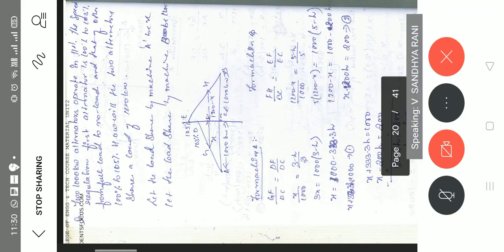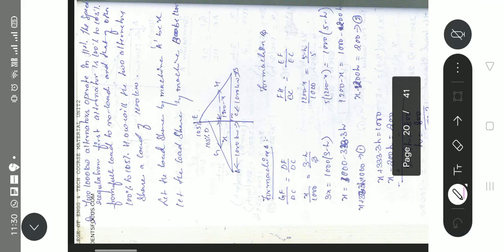Sorry, not 1000, 1200 minus X. This is machine A, this is machine B. A is generating 1000 kilowatts and B is also generating the same power, 1000 kilowatts, in parallel connection, in the opposite direction.